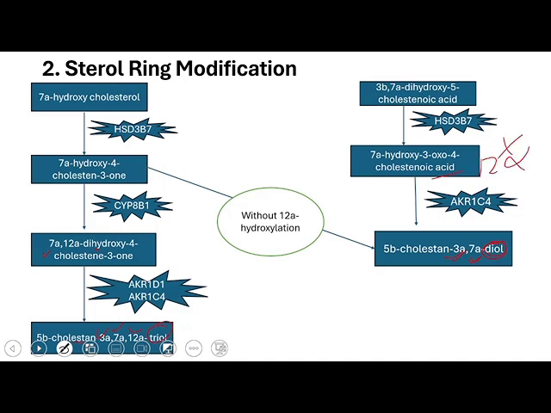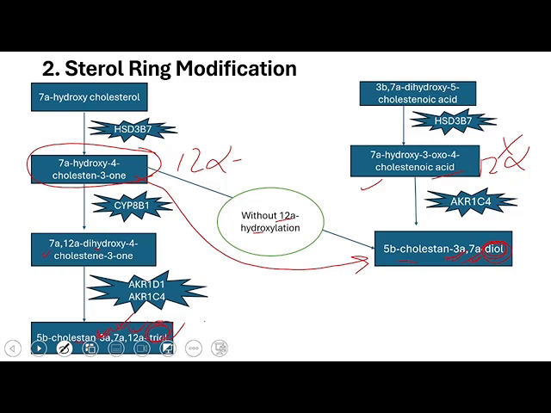12 alpha hydroxylation is absent, and the intermediate of the classical pathway which is not undergoing the 12 alpha hydroxylation again undergoes this formation. So there is no 12 alpha hydroxylation in these both. So only here is triol formation and here is diol formation: only at the third position and the seventh position here, and here at the 3rd, 7th and 12th positions, leading to the formation of the triol.